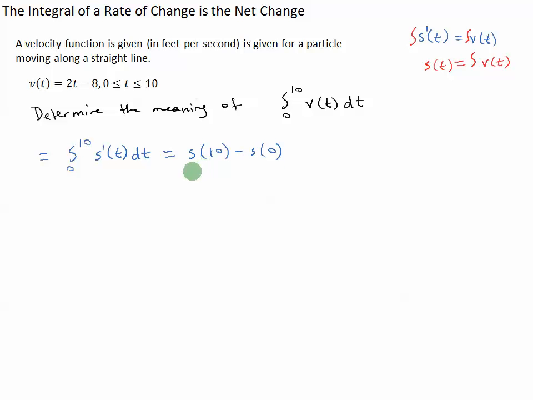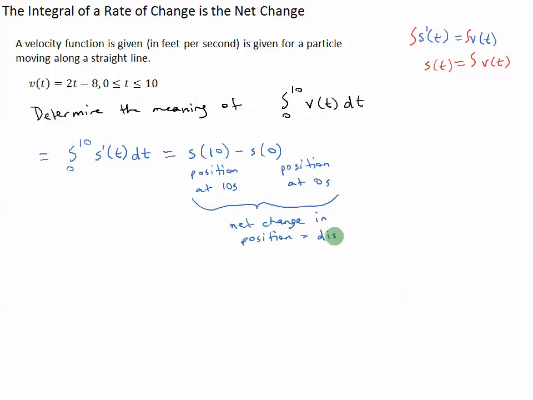In other words, this is its position at 10 seconds minus its position at 0 seconds. So namely what this is, it's a net change in position, otherwise known as displacement.